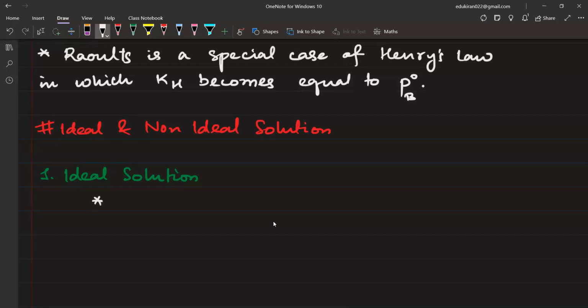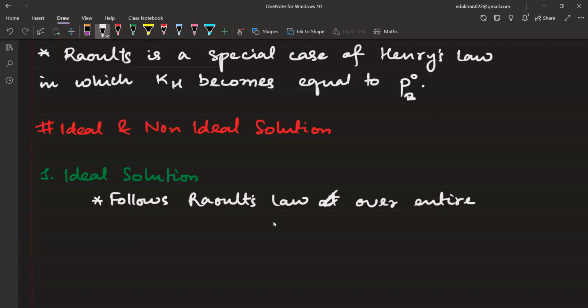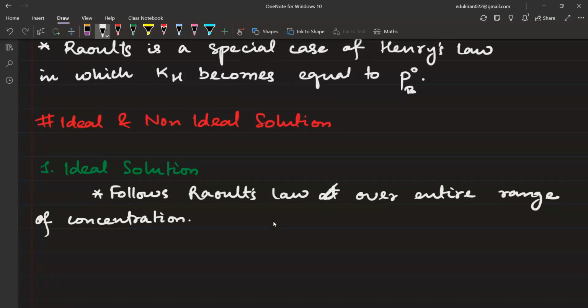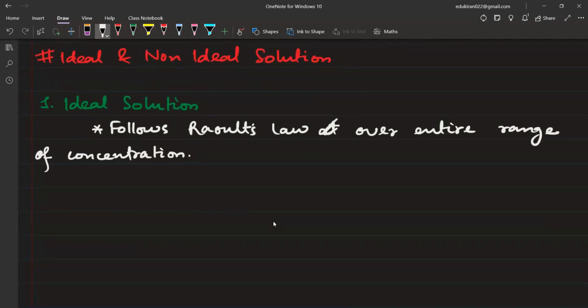So the ideal solution follows Raoult's law over the entire range of concentration.